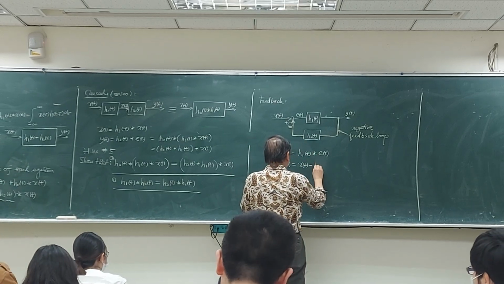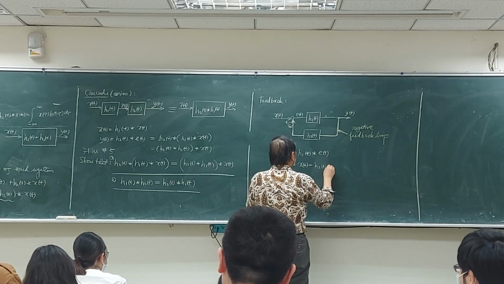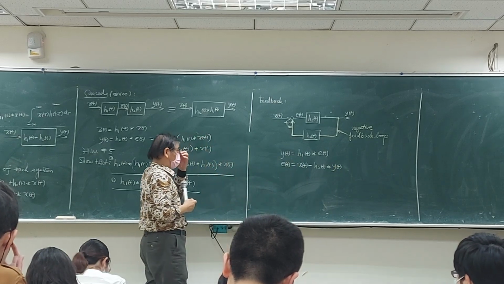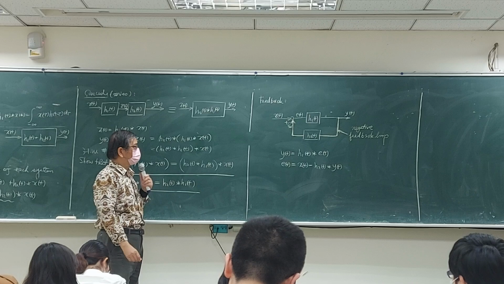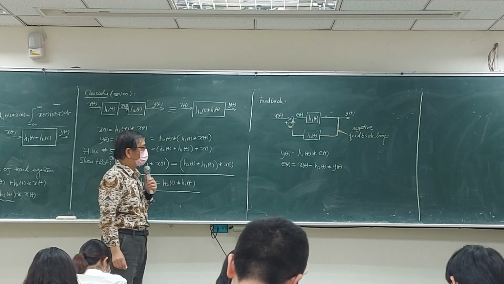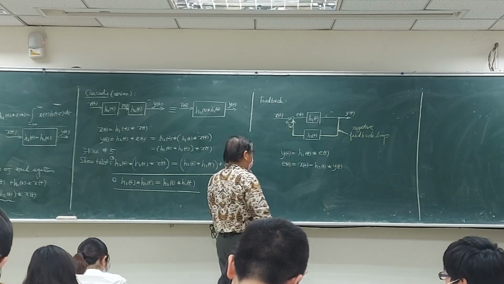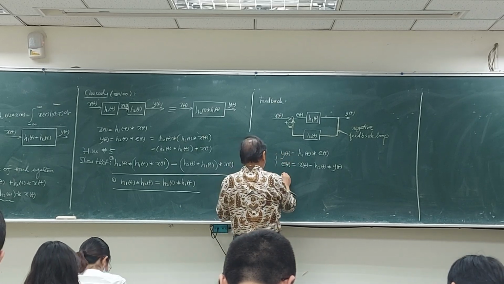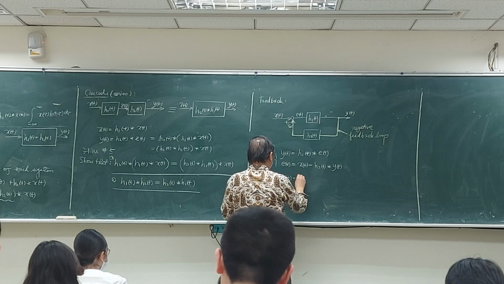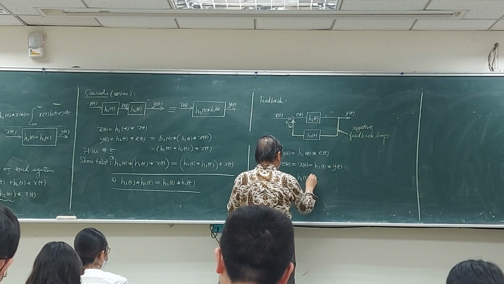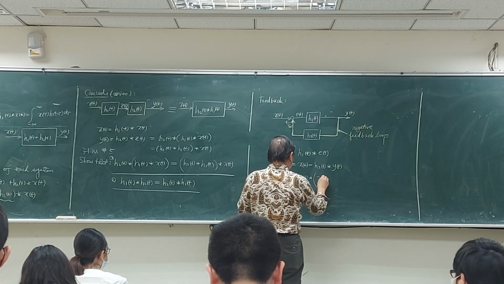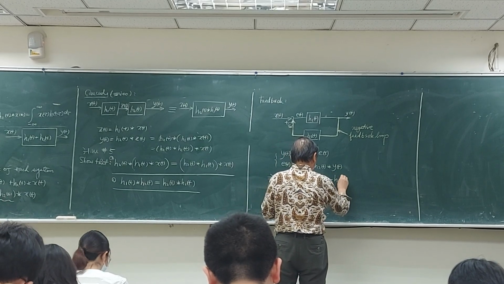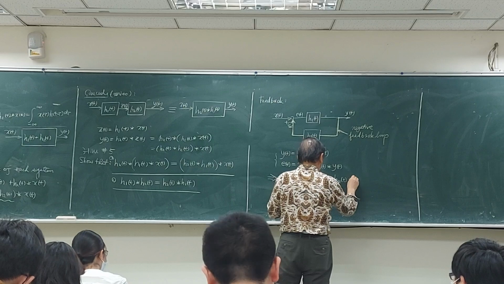Okay, that's equal to H2 convolved with y. So we can combine these two. So y of t is equal to H1 of t convolved with x of t minus H1 of t convolved with H2 of t convolved with y.